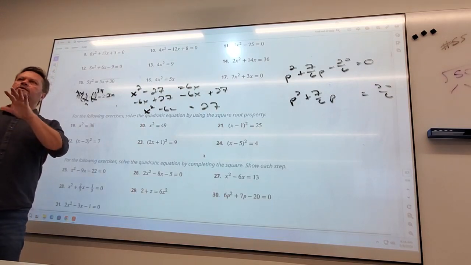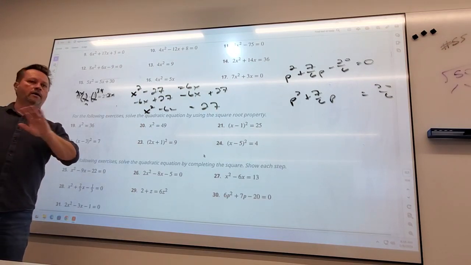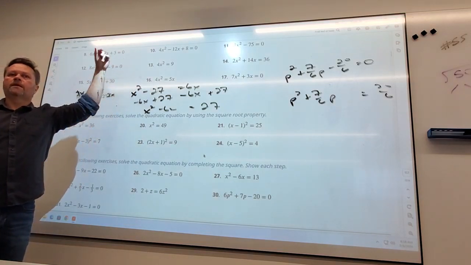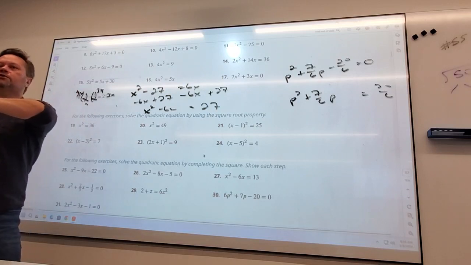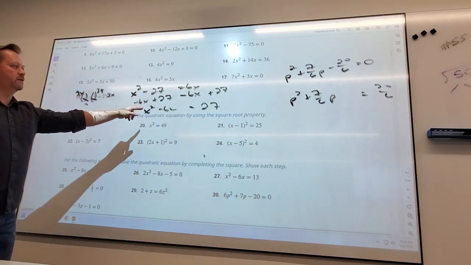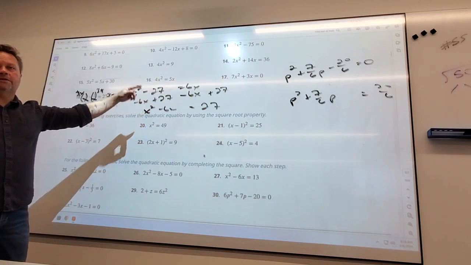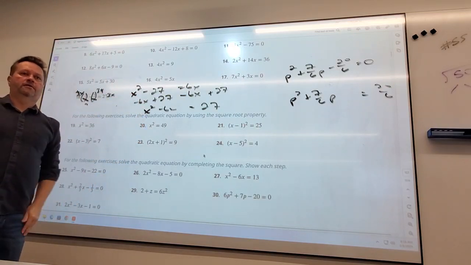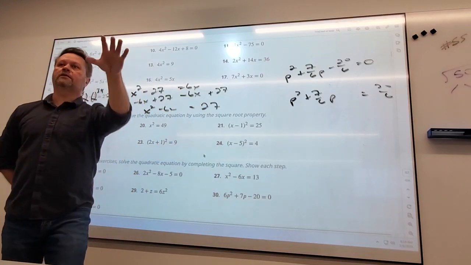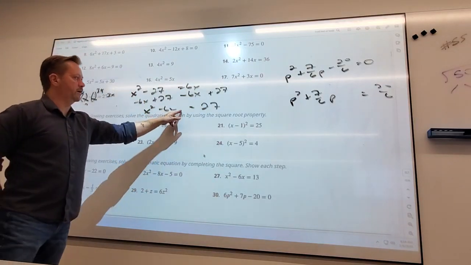What is it that tells you to do that? Honestly, in this problem, it's the instructions saying I have to complete the square. Can anyone tell me if the instructions just said solve, what would I have done differently here? The only reason I'm doing what I'm doing here is because it said complete the square, and I need room here, right?